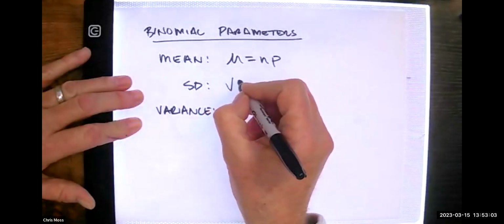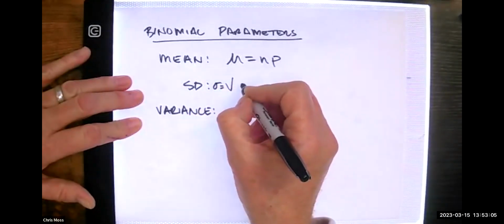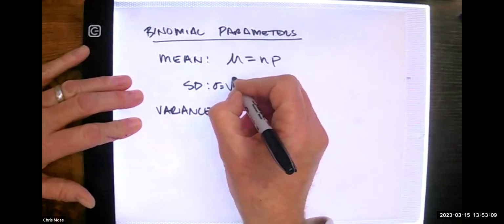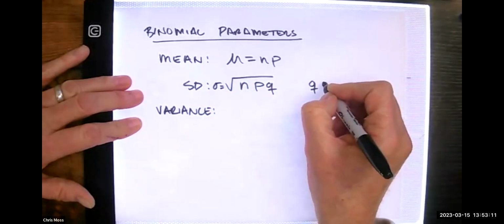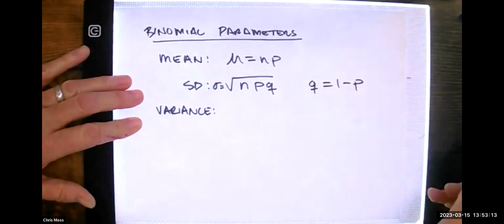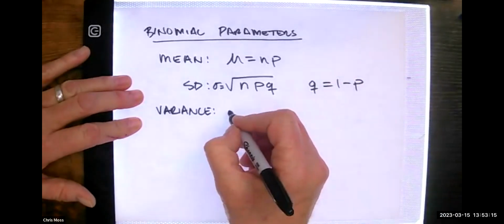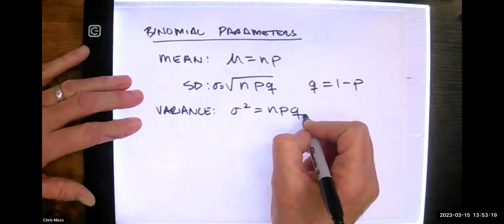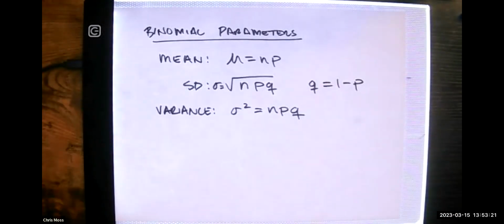The standard deviation, sigma, is equal to the square root of n times p times q. Q is 1 minus p. And the variance, sigma squared, is n times p times q. And we actually need these formulas. They're not built into our calculator.